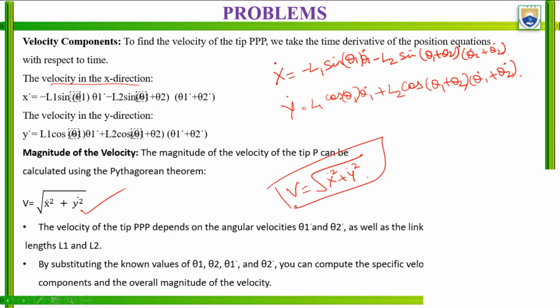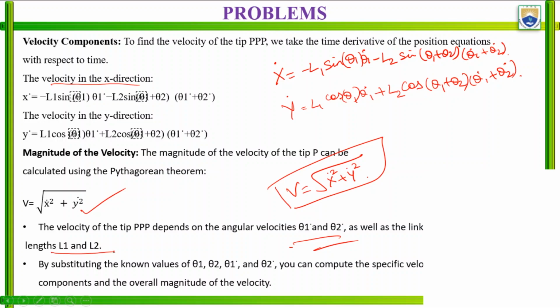So when we are considering this equation, we can calculate the velocity of the tip at the point P from the angular velocities θ1 dot and θ2 dot, with links of lengths L1 and L2.